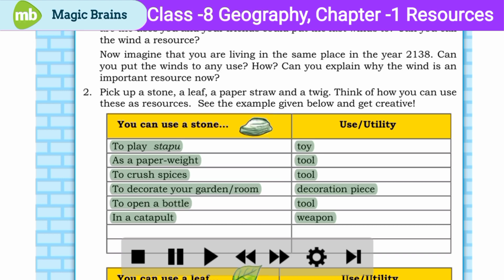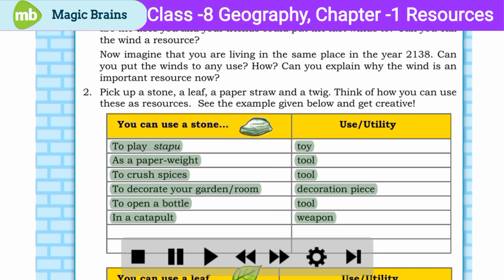For example, you can use a stone to play stapu. Use or utility is toy. You can use a stone as a paperweight. Use or utility is tool. You can use a stone to crush spices. Use or utility is tool.